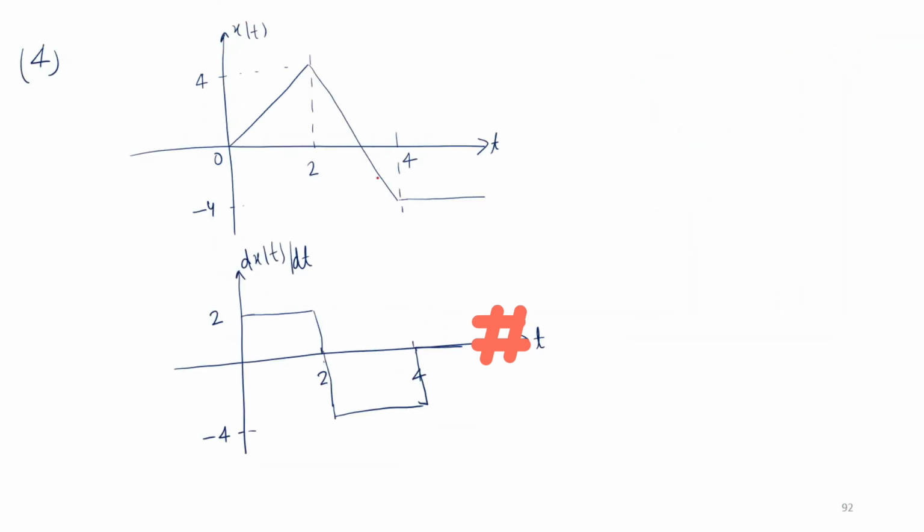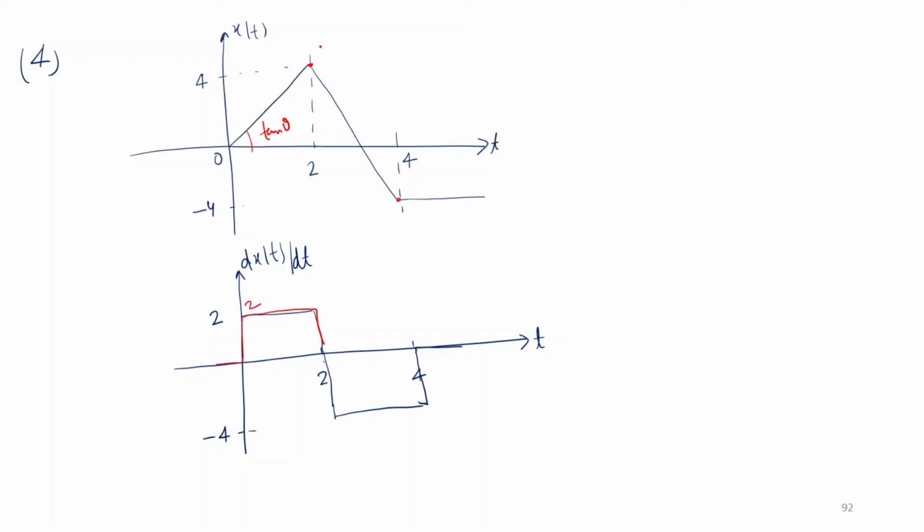Next example is x(t) given to you, from 0 to 2 a ramp. Again it is a ramp, then a line. So when you differentiate this ramp, you will get a step signal with amplitude equal to its slope. Slope is tan theta, 4 by 2, so it is 2. Then it is coming downward, so you have to find its slope.